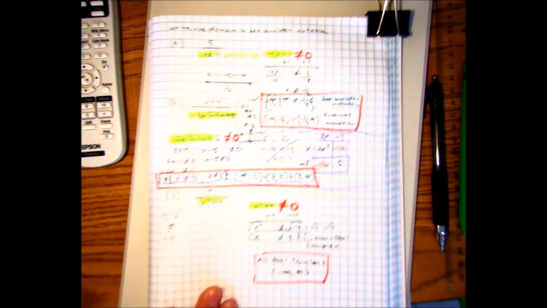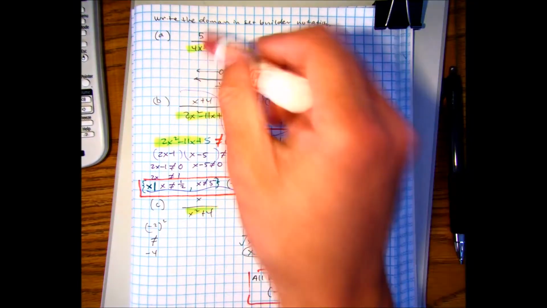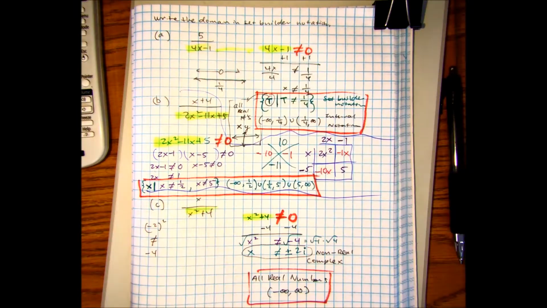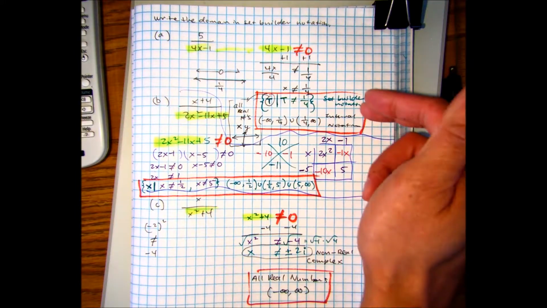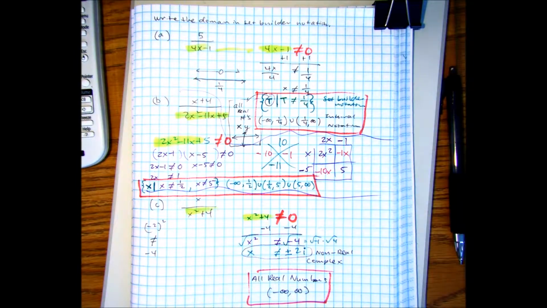Alright, to summarize, to find the domain of a rational function, you're trying to think of values of x we don't want, so we just set the denominator not equal to 0, and then you can show your answer in two ways, either set builder notation or interval notation.